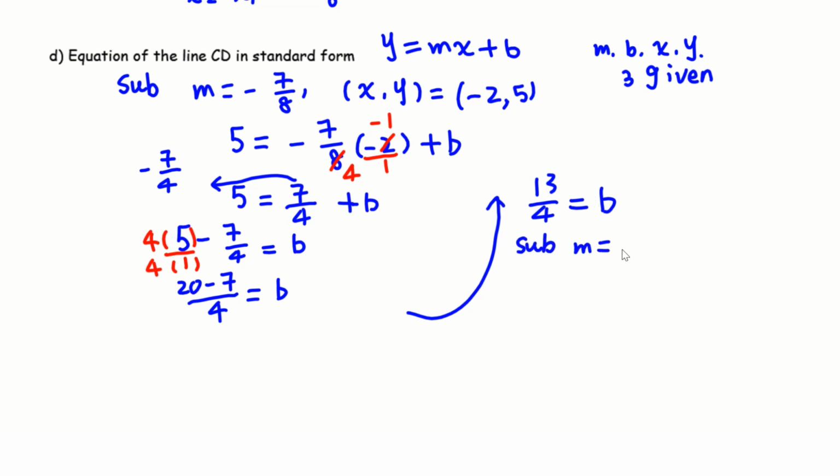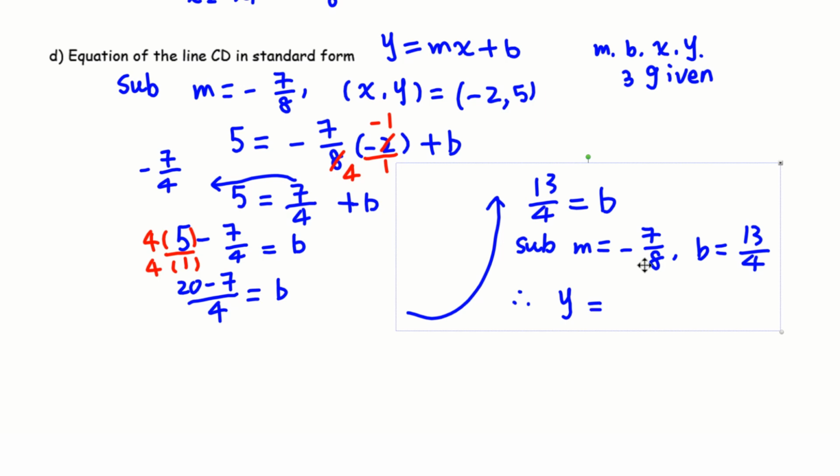We are going to sub the m and the b into the slope y-intercept form. Then we have the equation of line CD. So m is here, negative 7 over 8, x, then b is 13 over 4, then it's done.